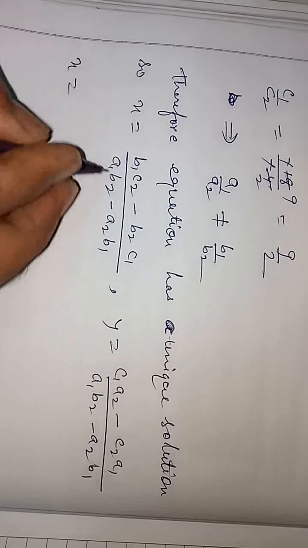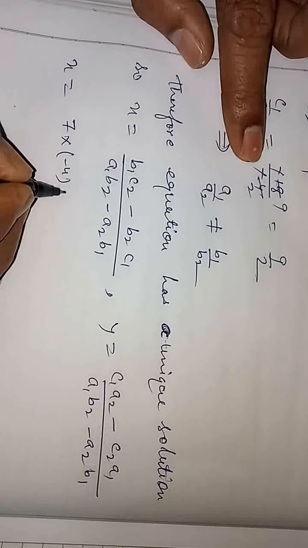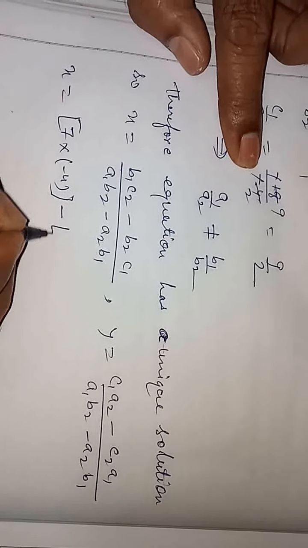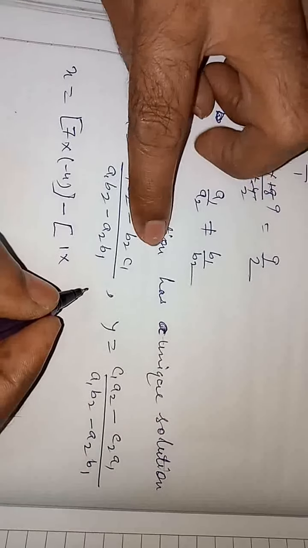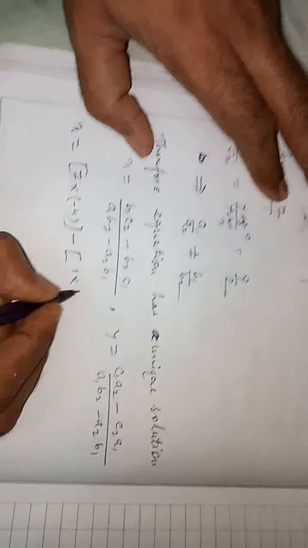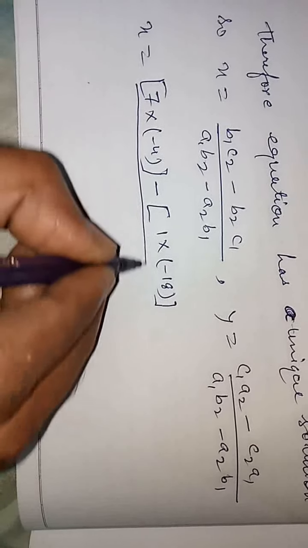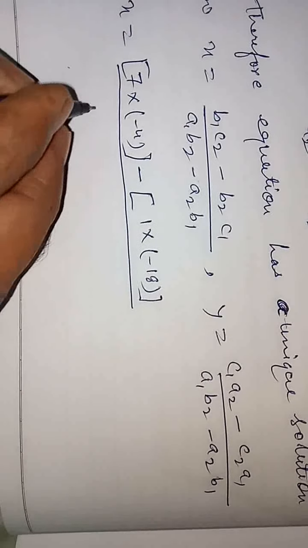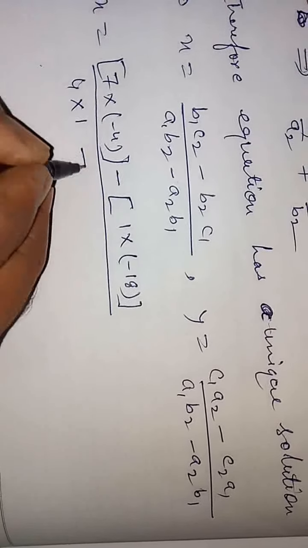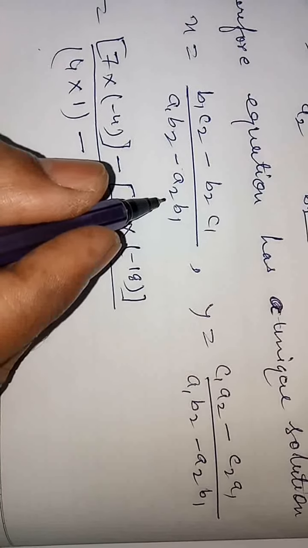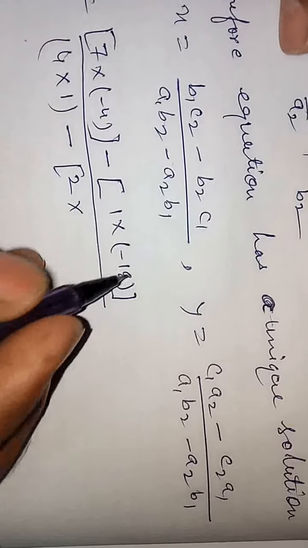So x is equal to b1 is 7, c2 is minus 4, minus b2 is 1 into c1 is minus 18, upon a1 is 4 and b2 is 1, minus a2 is 2 and b1 is 7.